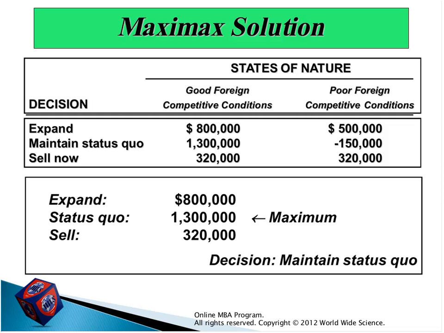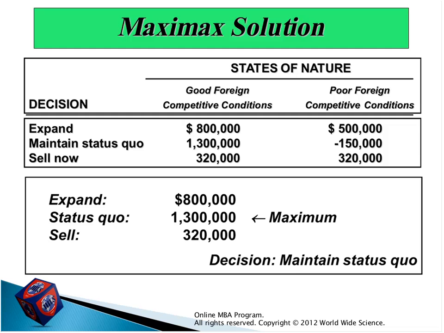In front of maintain, we wrote 1,300,000 because it was the maximum for the decision maintain. And for sale, no difference, 320,000. What was the maximum between these three numbers? 1,300,000 was the maximum. It means the maximum of maximums. So the maximax method tells you maintain is the best decision.